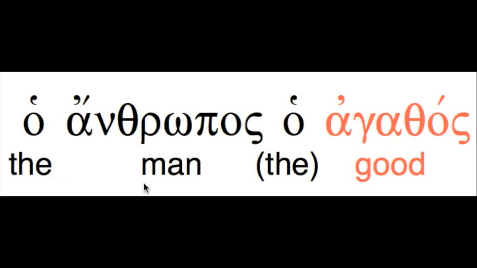Now, a literal word-for-word translation would be the man, the good. That doesn't make any sense to us in English, and it shows you why a word-for-word translation is really not possible. But this is a very common way that Greeks would express attributive adjectives. It would be like article, noun, article, adjective. The man, the good. Ho anthropos ho agathos.